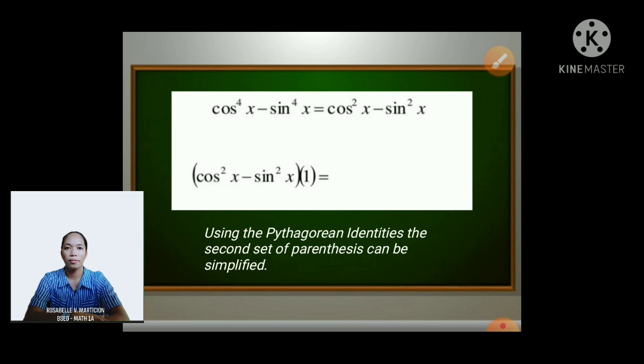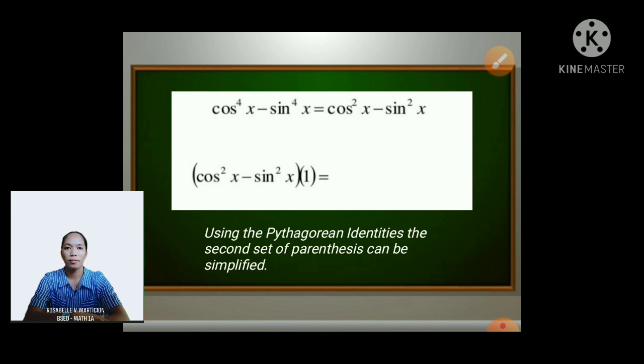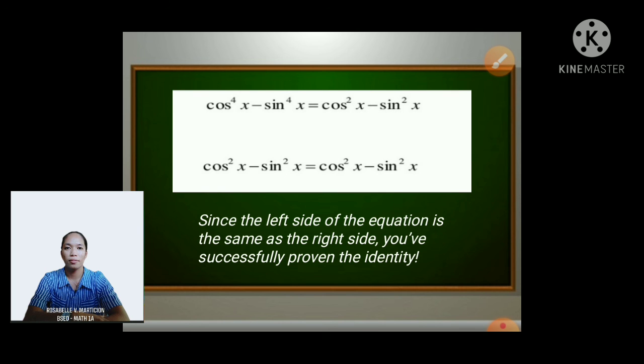Using the Pythagorean identities, the second set of parentheses can be simplified. We simplify the second parenthesis, so it becomes 1: cos squared x plus sine squared x is equal to 1. So cos squared x minus sine squared x multiplied by 1 is equal to cos squared x minus sine squared x.